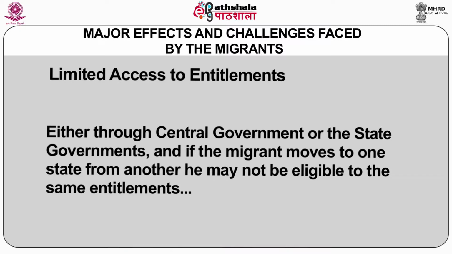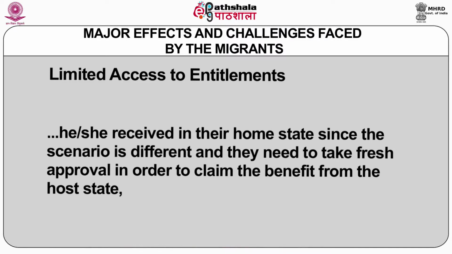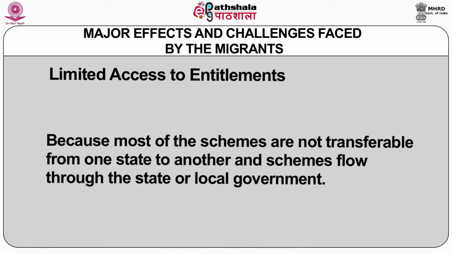And if the migrant moves from one state to another, he or she may not be eligible for the same entitlements received in their home state, since the scenario is different and they need to take fresh approval in order to claim the benefit from the host state, because most of the schemes are not transferable from one state to another, and schemes flow through the state or local government.